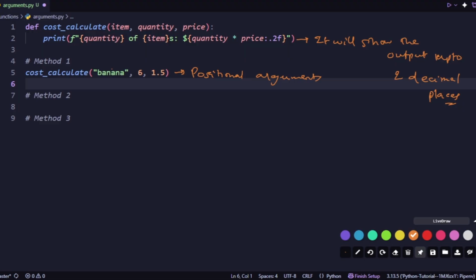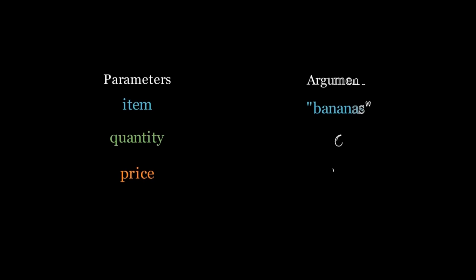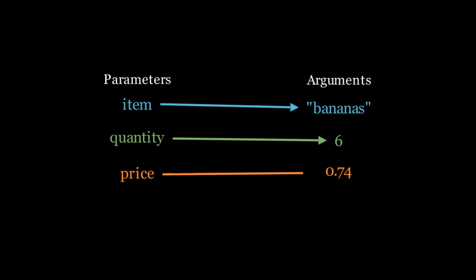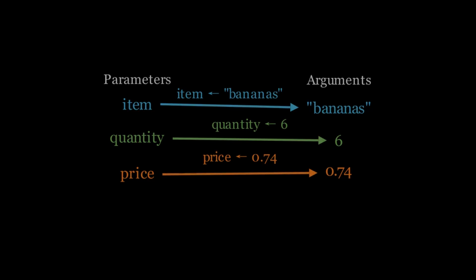The reason is that item name is directly coinciding with banana, quantities is directly coinciding with 6, and the price is directly coinciding with 1.5.